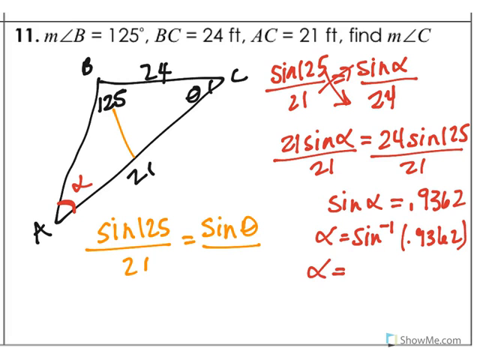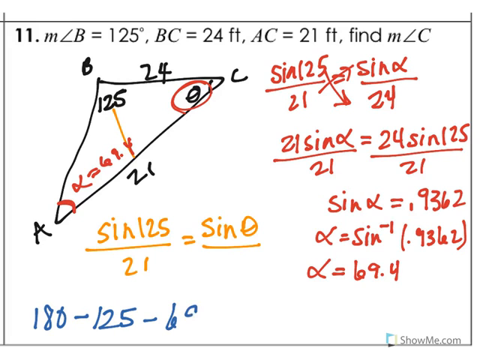So alpha equals 69.4. Okay, so now what I want you to do is, we need to solve for theta. So to solve for theta, we're going to do 180 minus 125 minus 69.4.